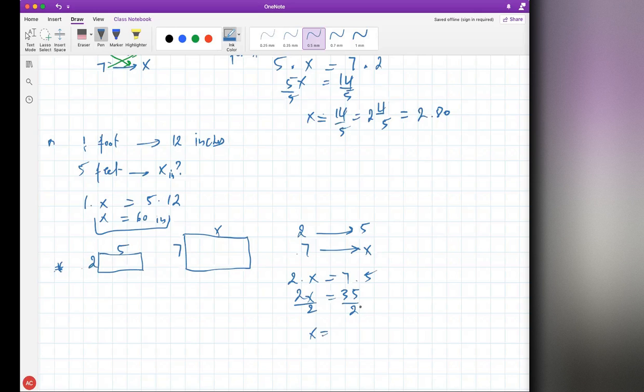So x is 35 over 2, or if we turn it into a decimal, 17.5, right? And there's got to be some unit here. For example, the unit is inches, whatever the unit is. So fractions are fine. Mixed numbers, decimals, all depends on the situation, but reduce it first. If it's a fraction, you can reduce it.